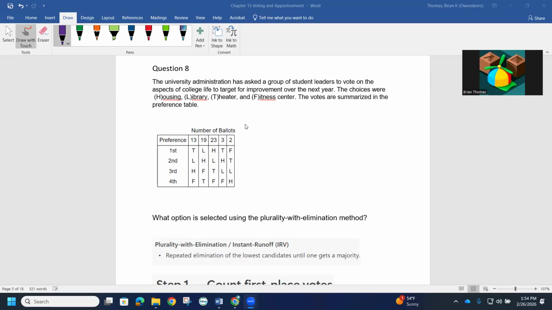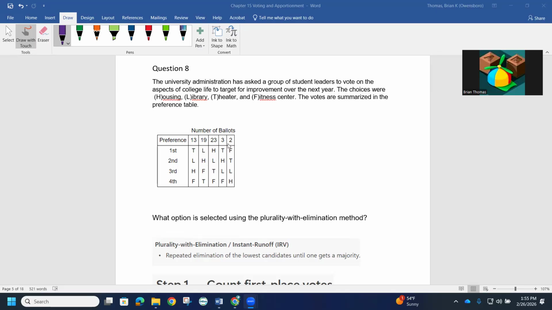As we do this, these are the orders. 13 ballots had the theater, library, housing, and then fitness last. 19 ballots had this order: the library, housing, fitness, and theater. We also had 23 ballots that had the order of housing, library, theater, and fitness.